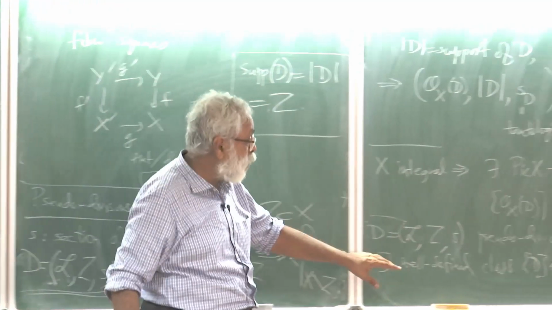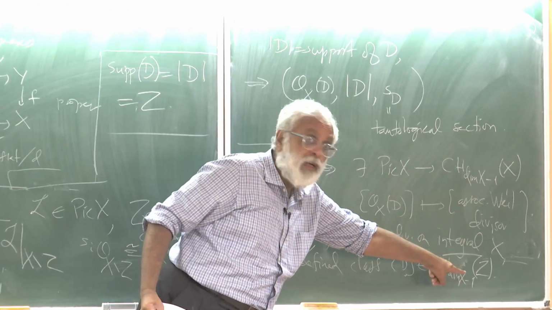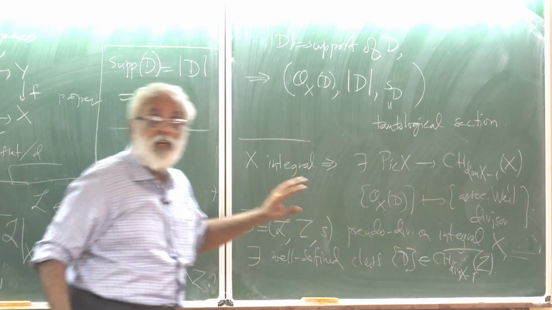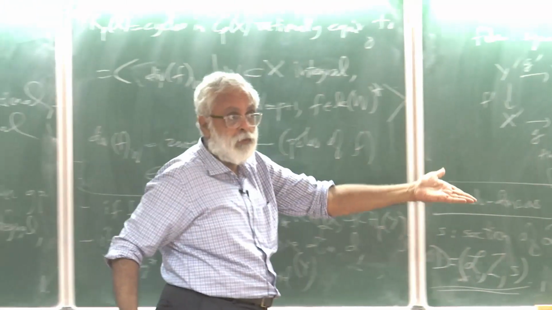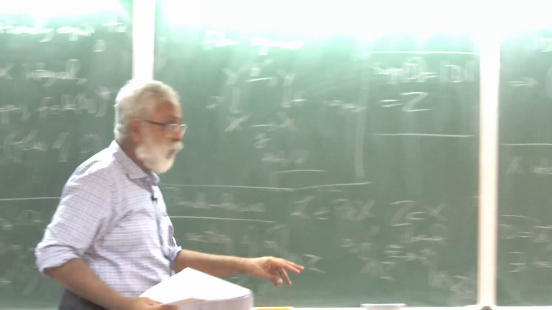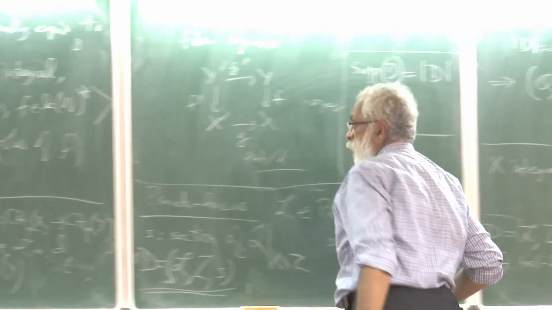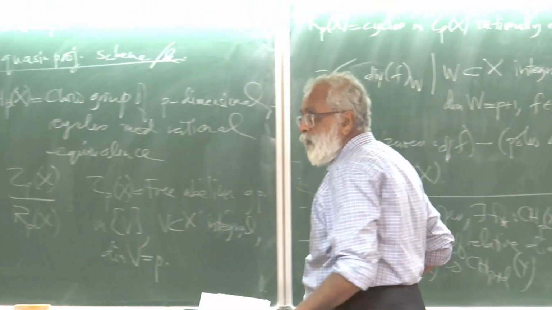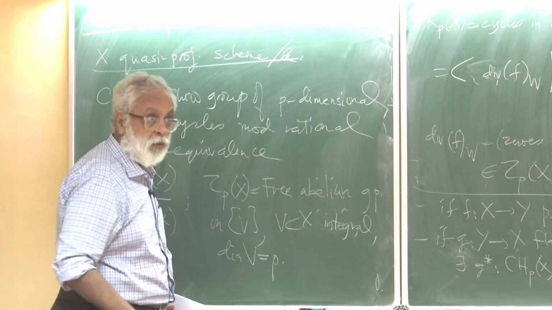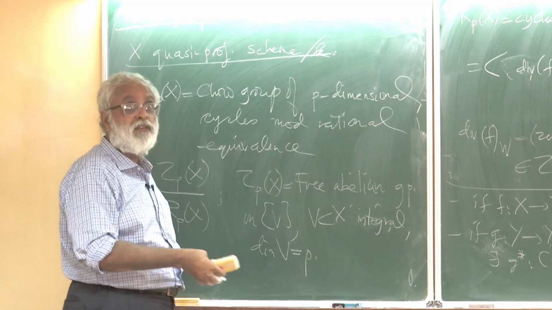The point of working with pseudo divisors is to get this improvement from X to something smaller, sometimes, depending on the situation. It's important that this is better. Better means it could be better, it depends. Z could be equal to X, that's allowed. But if Z is smaller than X, you got extra information.